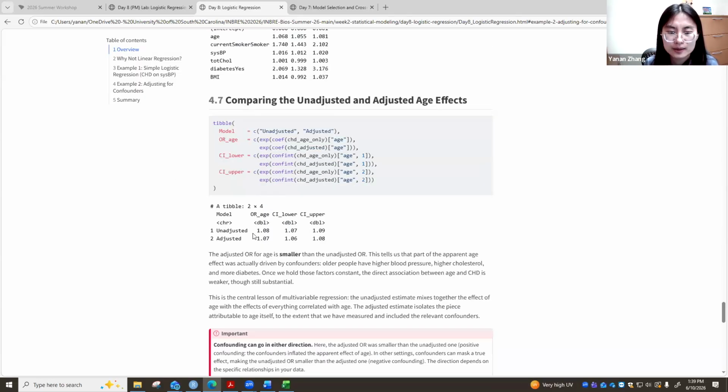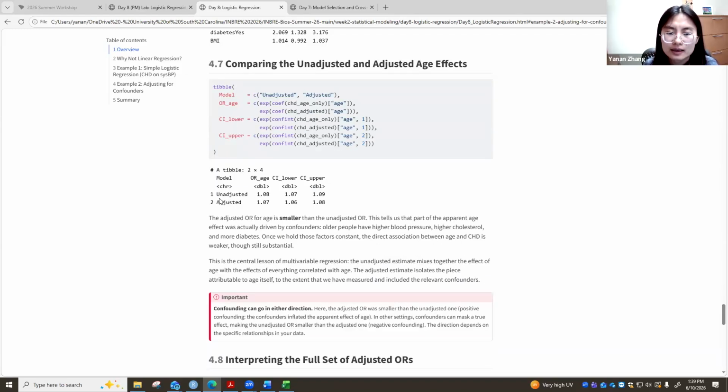And then we want to compare the odds ratio from the crude model, the unadjusted model, and the adjusted model. So what did you find? The unadjusted model gives us 1.08, and the adjusted model gives us 1.07. So we find the adjusted model has a smaller magnitude, even though it didn't change too much.